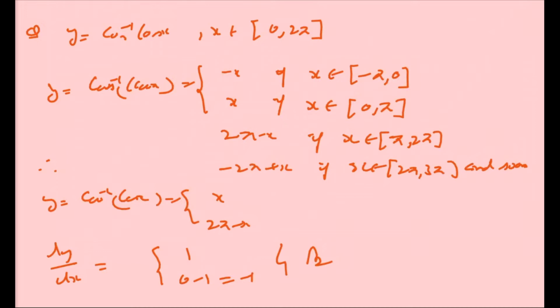Okay, so one more question. Now the question is y equal to tan inverse tan x, and it is also given the range that x belongs to 0 to pi except pi by 2.